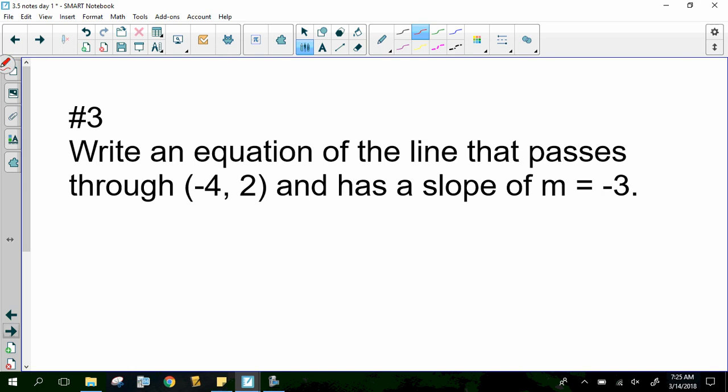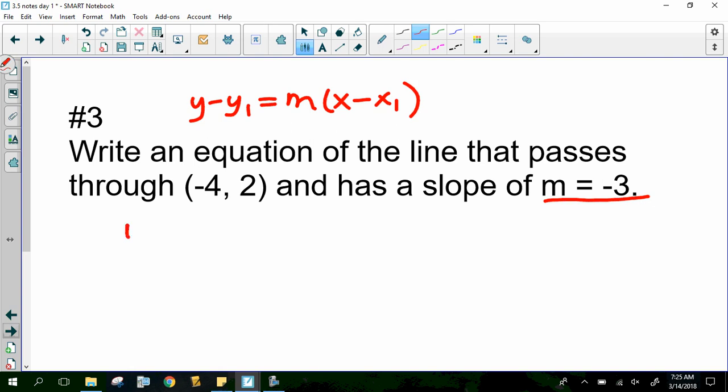The next one, we have to write an equation of the line that passes through the point -4, 2 and has a slope of -3. So now they've given us our slope, so we don't have to find that first, and we are given a point. So we're going to put it into point slope form. There's your point slope form again.